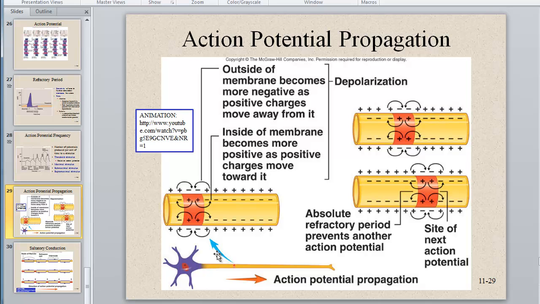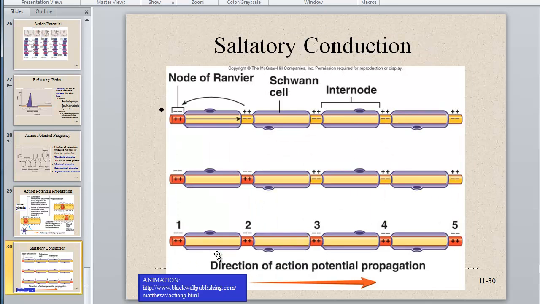So in myelinated axons, lipid-containing myelin insulates the axon, forcing ion current to go to the next open area on the axon, which are the nodes of Ranvier. It's at the nodes of Ranvier where there's a concentration of voltage-regulated sodium channels.